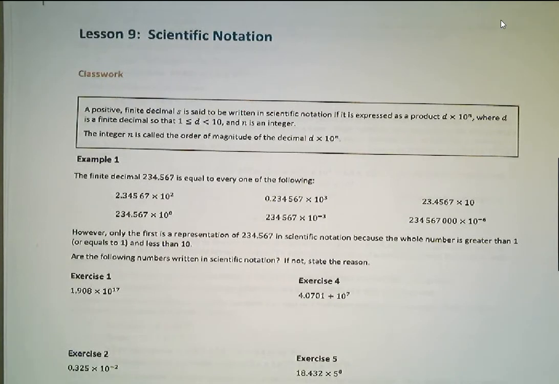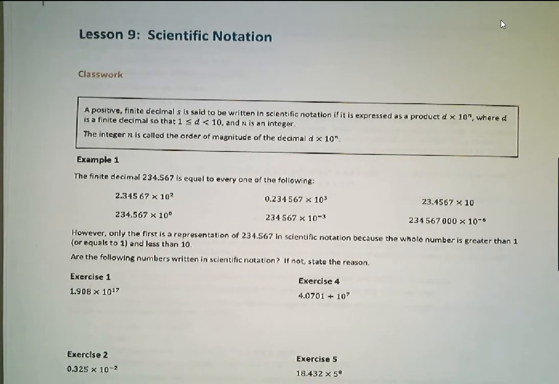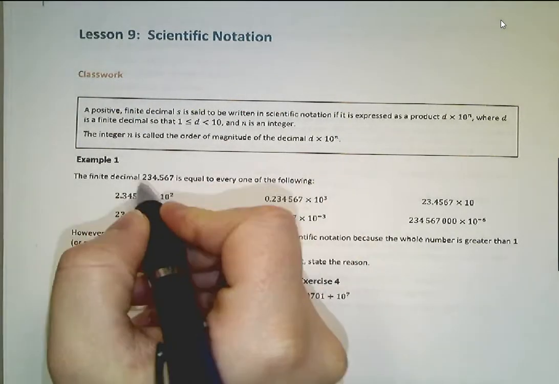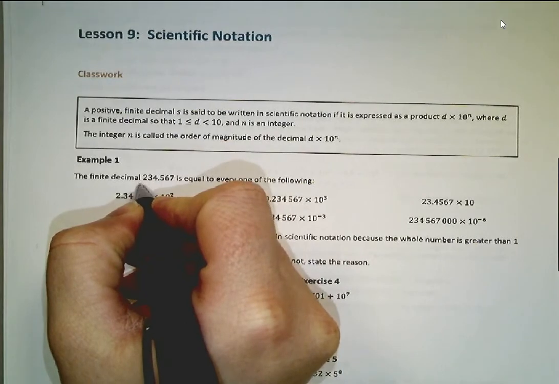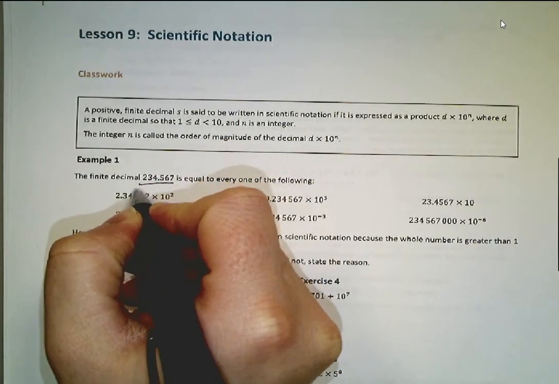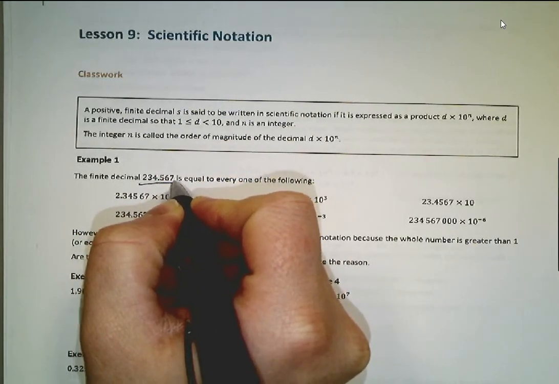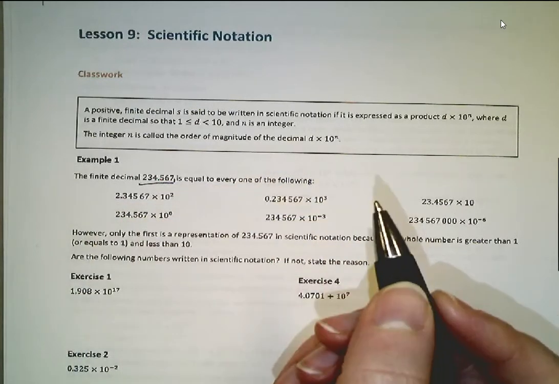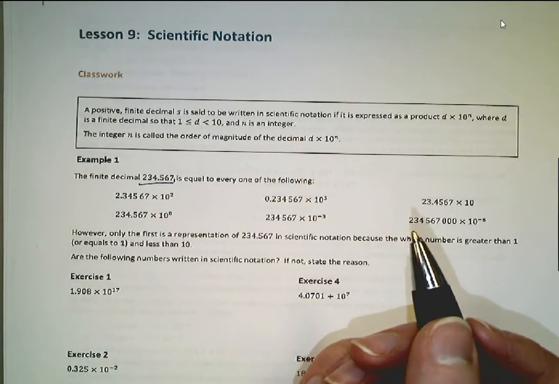For example 1, let's take a look at that. We have a decimal 234 and 567 thousandths, and we need to write that in scientific notation.